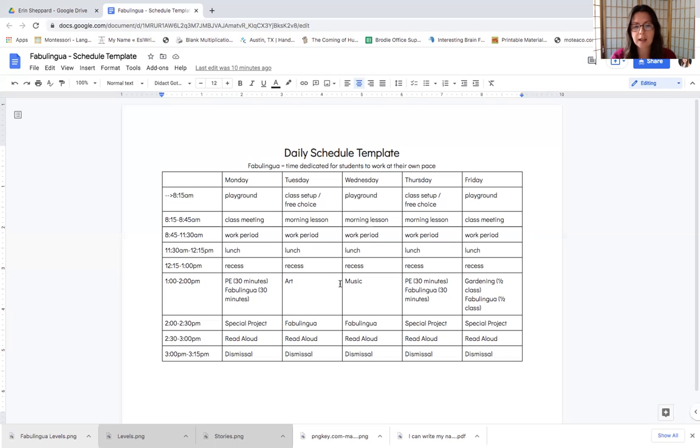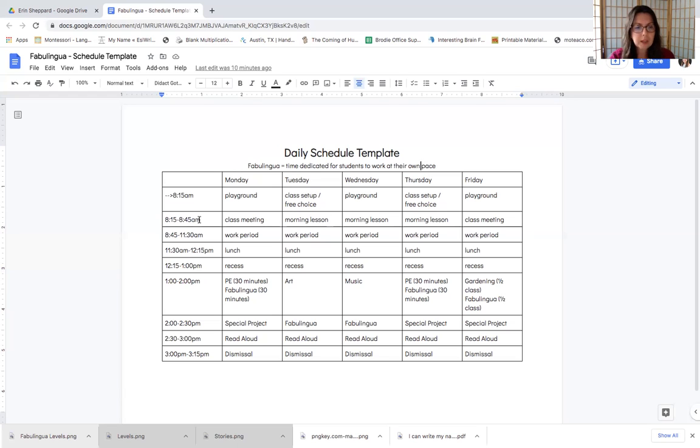If, let's say, the music teacher was out and was not able to get a substitute, then maybe I have them and maybe we would do some extra FabuLingua that day. So there are some ways to get creative with other optional times if you're wanting to add it.